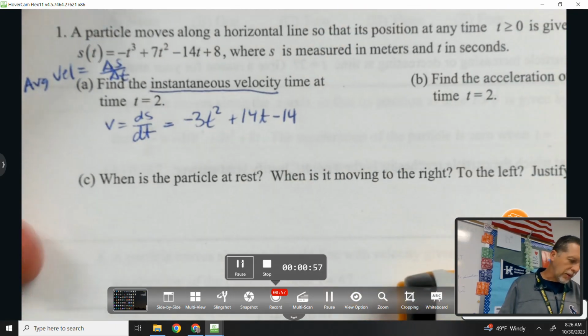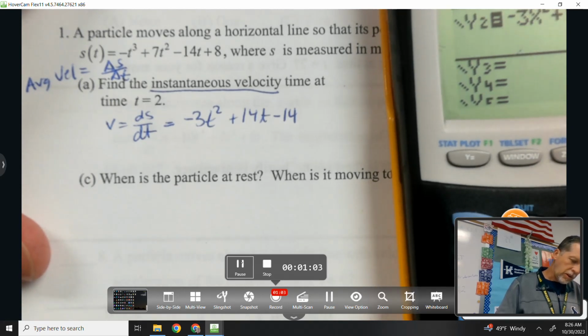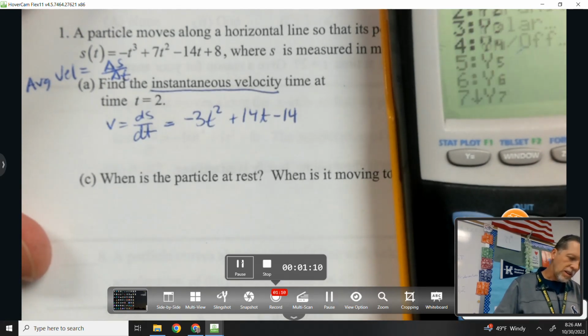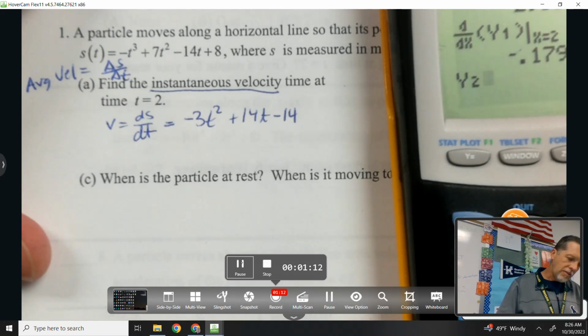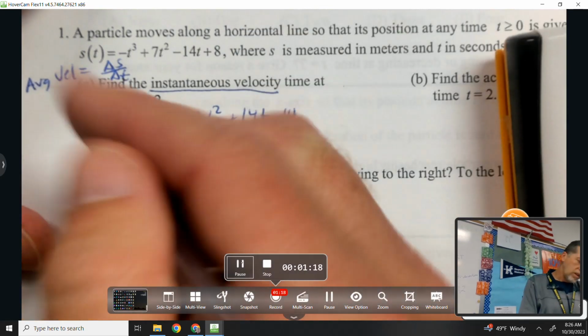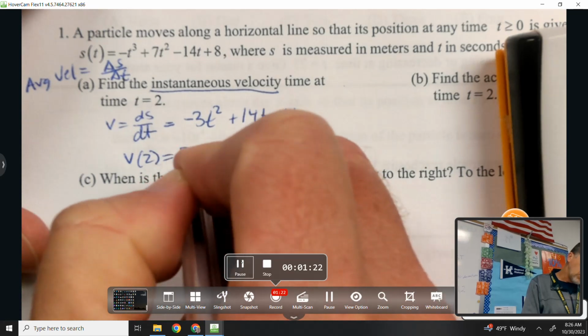I don't need a calculator, but I'll put that in there. Negative 3x squared plus 14x minus 14. So I want that function at time 2, which is 2. So v of 2 is 2.